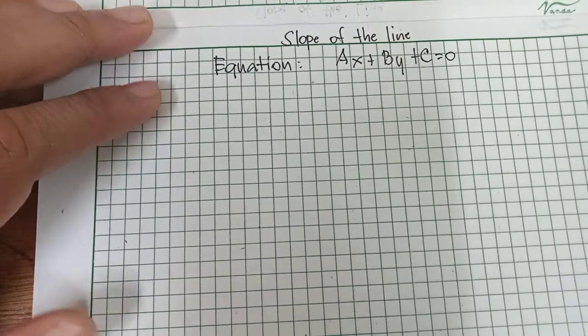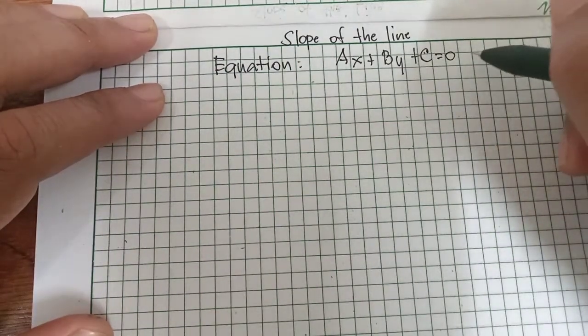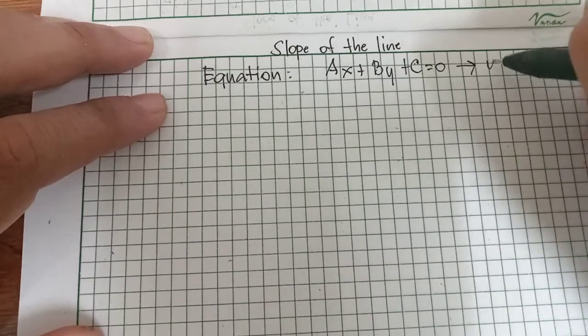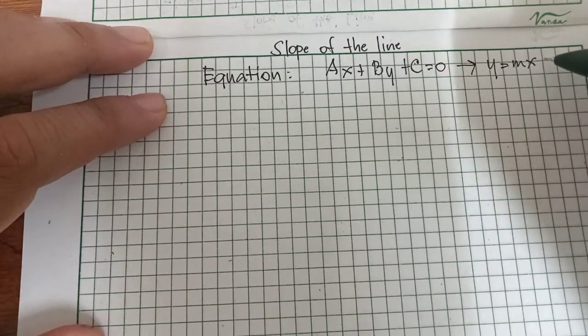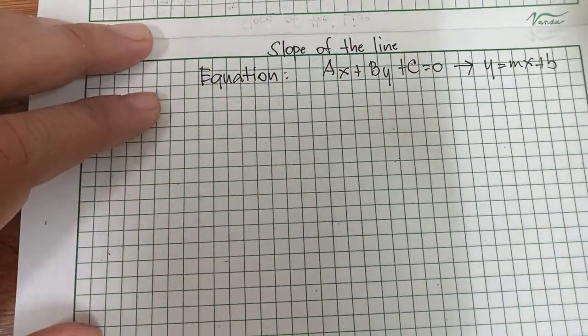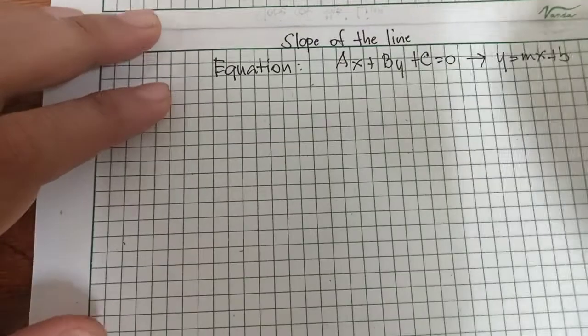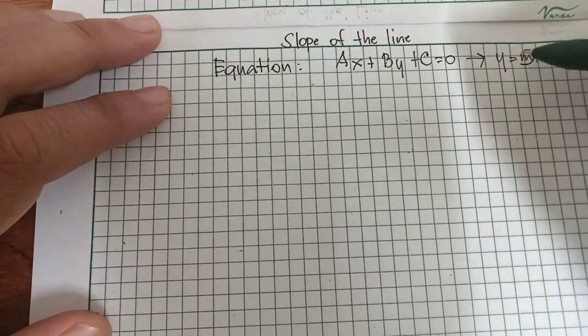What we're going to do now, if we're going to solve for the slope and the given equation is like this one, we're going to rewrite this into y is equal to mx plus b. So how are we going to rewrite it into y is equal to mx plus b? Take note that our m there is the slope.